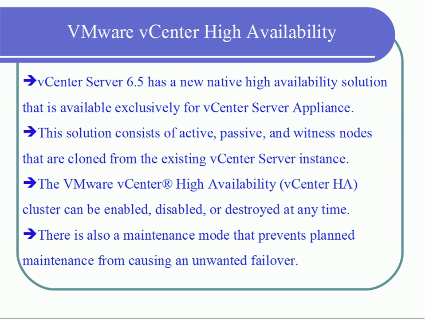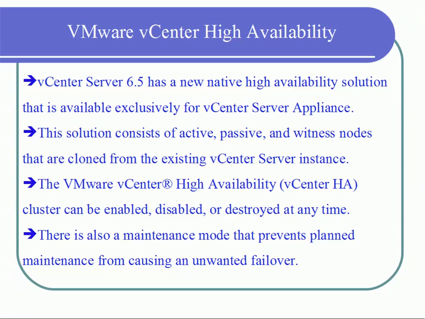And speaking about the other high availability feature, as I told earlier, this vCenter virtual appliance has its own high availability feature, where we can have active, passive and witness nodes, and that can be cloned from the existing vCenter server. Through that we can provide the high availability solution, which can be enabled, disabled or destroyed at any time.